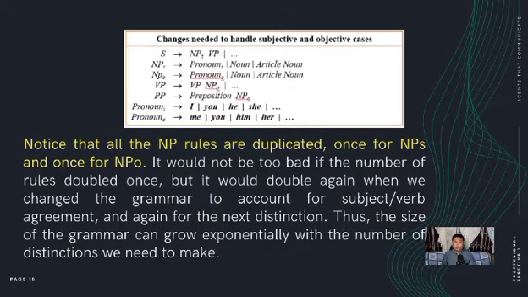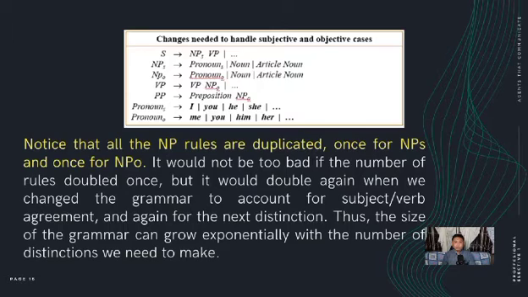As you can see in the table, notice that all NP or noun phrase rules are duplicated, once for NPS and once for NPO. So NPS stands for the noun phrase singular form, and NPO for the noun phrase objective case.